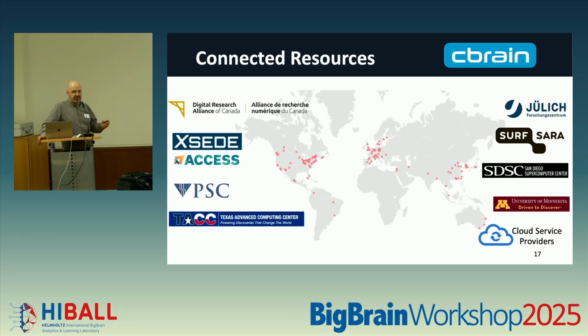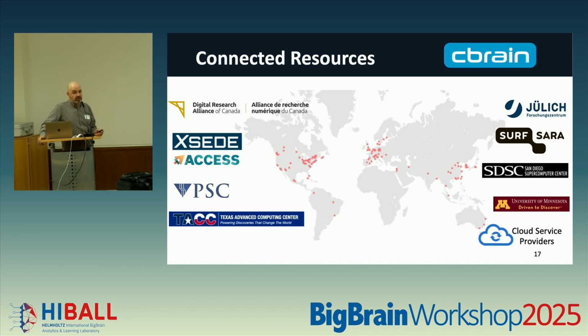So that's for, I would say, more general purpose, smaller community use. But if you have specific allocations, if you're coming from a particular institution, say our colleagues here in Germany at Jülich and the JSC system, that's tied into CBRAIN as well. So if you have a project that's allowed to use those HPC resources and you want to run CBRAIN on that, you can run your application on that environment.